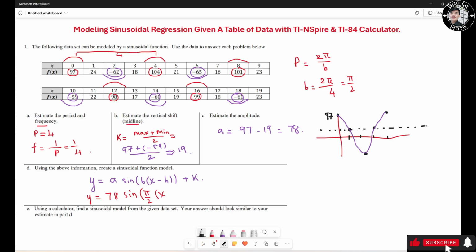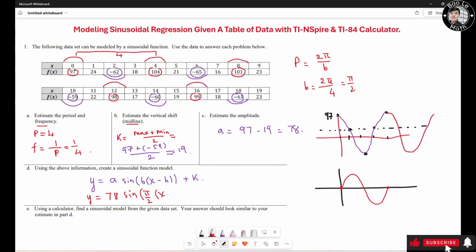Because this is a sine function, the sine function is going to be like this. The sine function always starts from the origin, goes up to the maximum, goes back down to the midline, goes down to the minimum, goes back up to the midline. This keeps repeating like this.